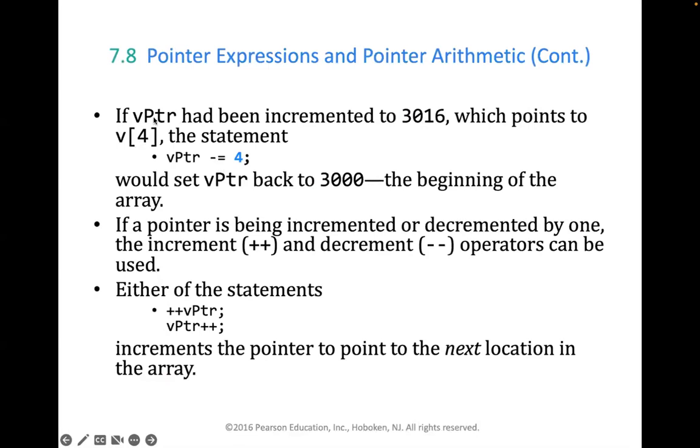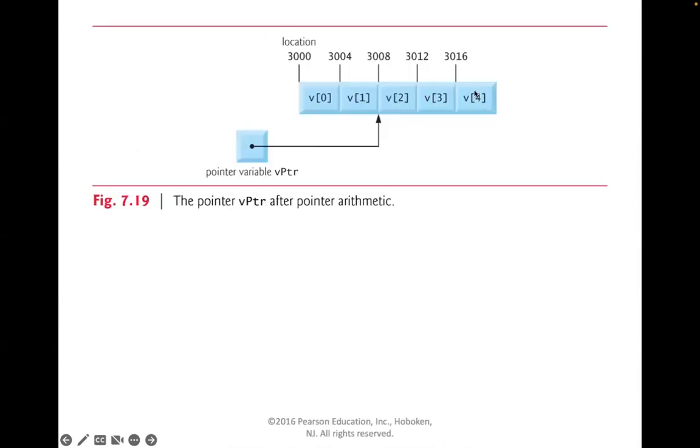Okay, so now just suppose the pointer has been incremented to 3016. So this is the last element. Then the statement vPtr minus equal 4 moves left by 4 elements. So now it points to, moving left by 4 elements, 1, 2, 3, 4, back to V0.